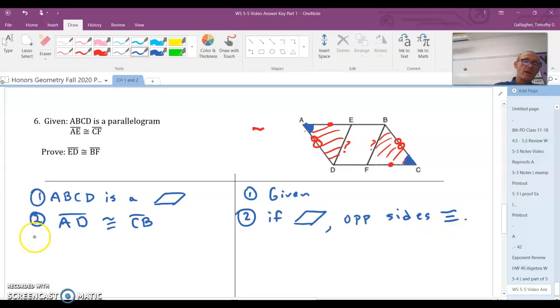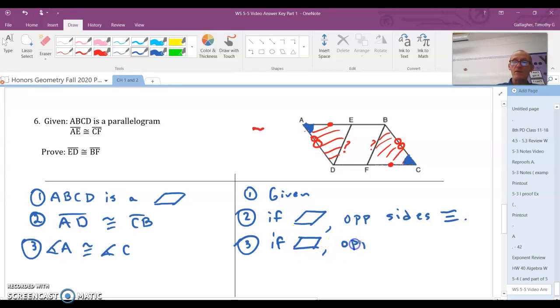Okay, and then we can say that angle A is congruent to angle C, which is because if it's a parallelogram, opposite angles congruent.